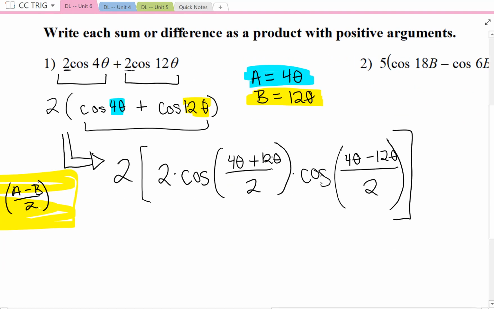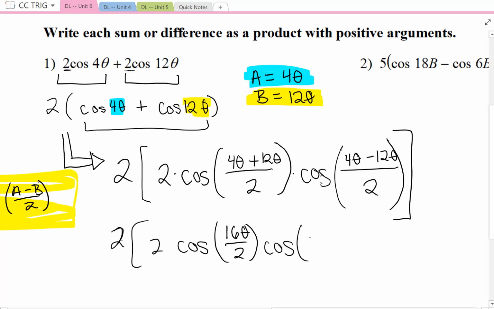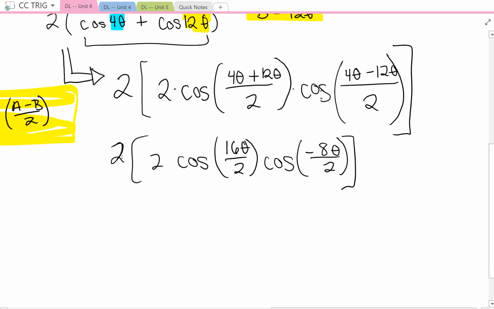We're going to simplify the expressions inside the parentheses. Cosine of 4 theta plus 12 theta is 16 theta divided by 2 times cosine of 4 theta minus 12 theta, so negative 8 theta over 2.